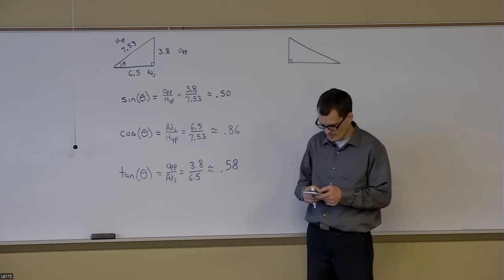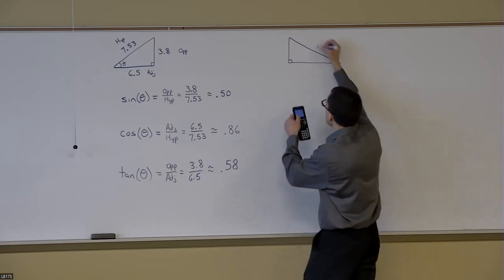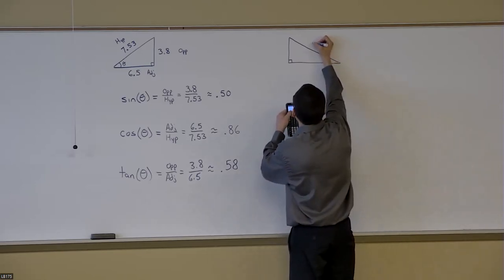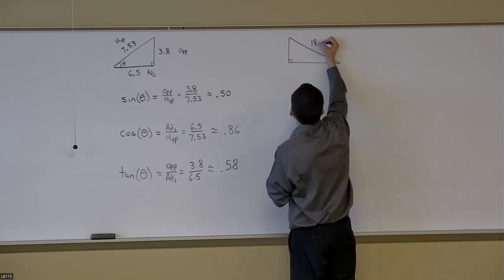And I'm gonna make up some numbers here real quick. So, all right, my hypotenuse is length 18.2.